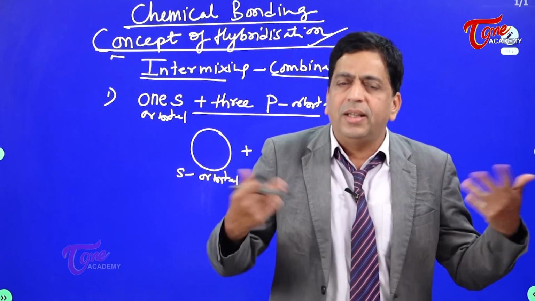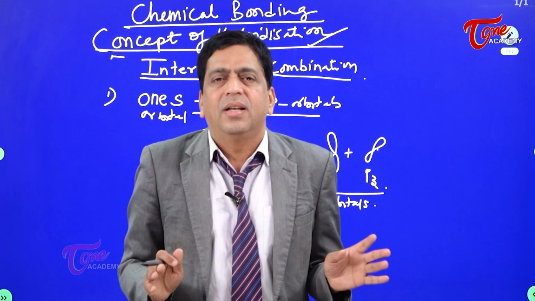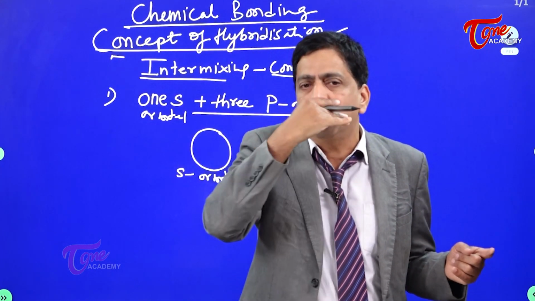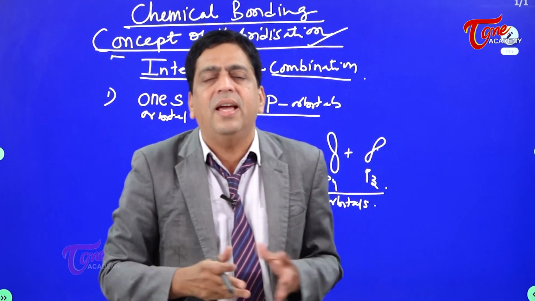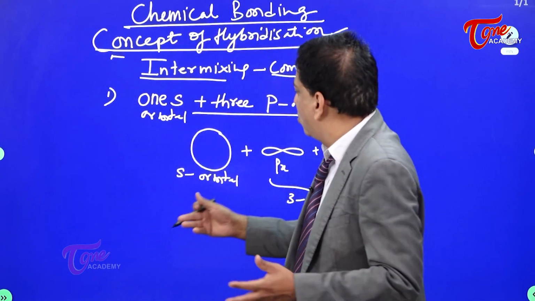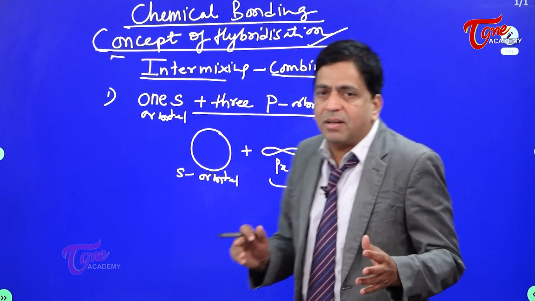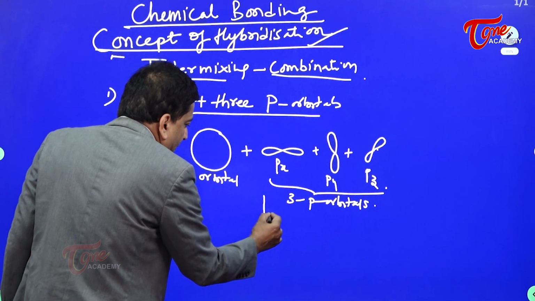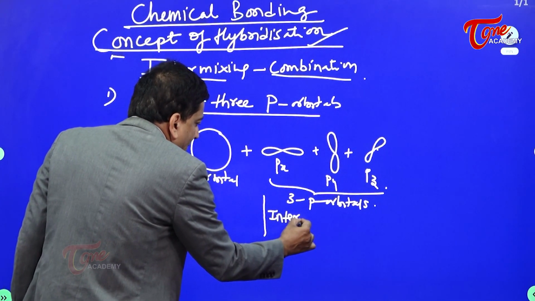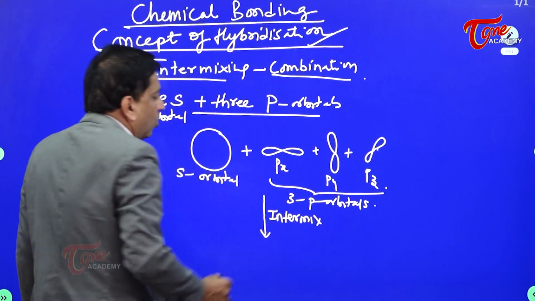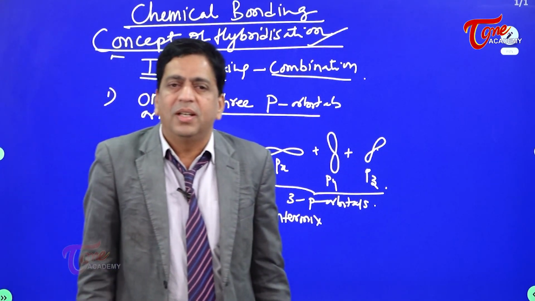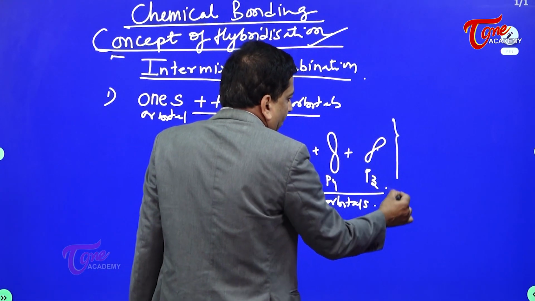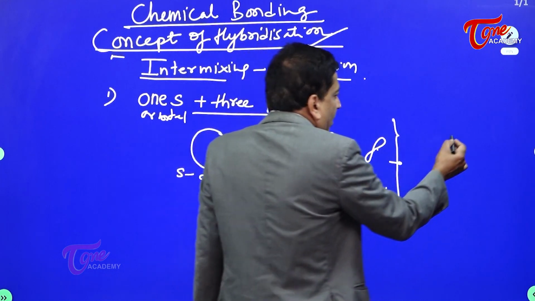So within the atom, to cater to the needs of explaining the bond angles of certain molecules, I am proposing a hypothetical theory where 1s and 3p orbitals are combining. And look at this, when they intermix, look at what you're getting.